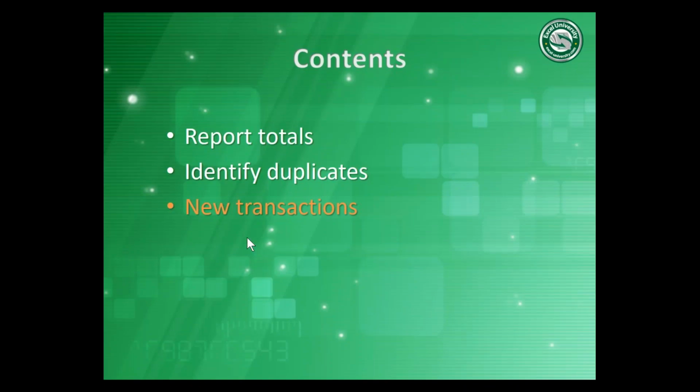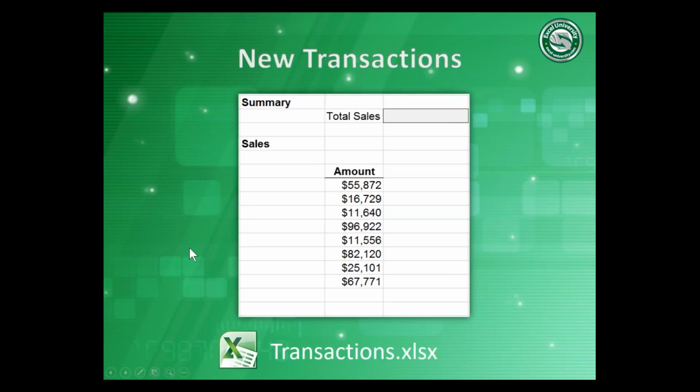Last up is new transactions. So here's the thing. Let's say we have some data that has been stored in Excel, and that's illustrated in the screenshot by the amount column, right? And then we do something with the range.